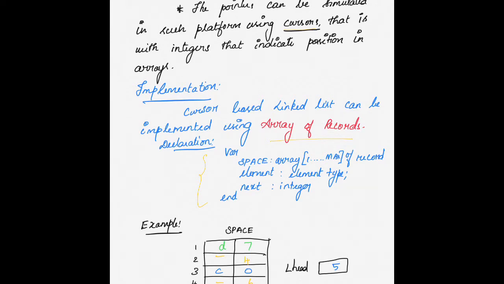The same can be done here. We create an array named space, with size 1 to max of the record, and we store the element in this array along with its type. Next is the next variable, similar to the successor element in a simple linked list. Here it is declared as an integer only, so there is no pointer over here.